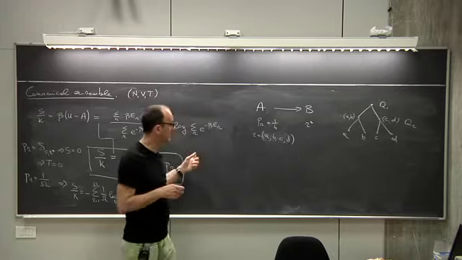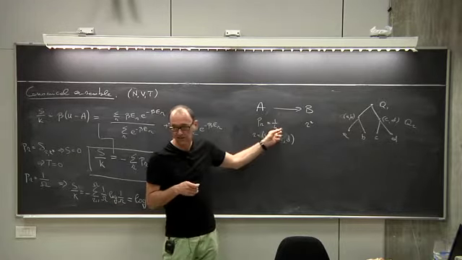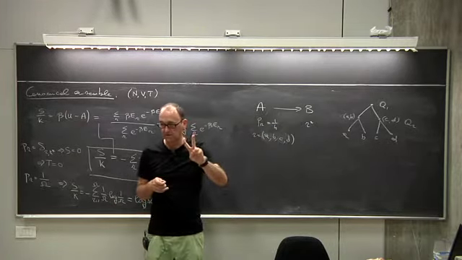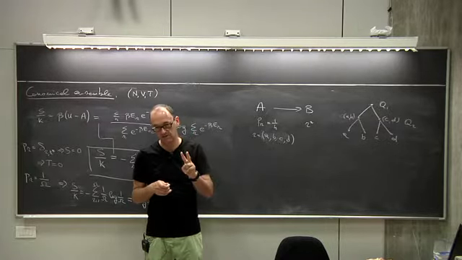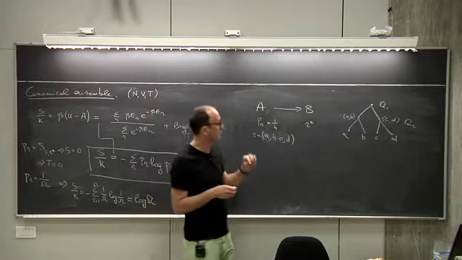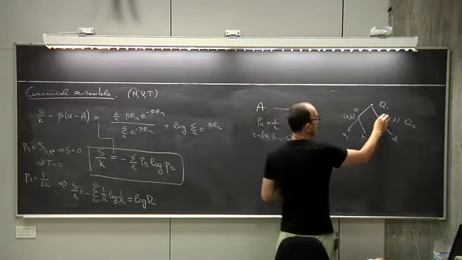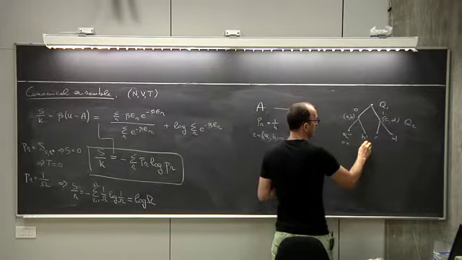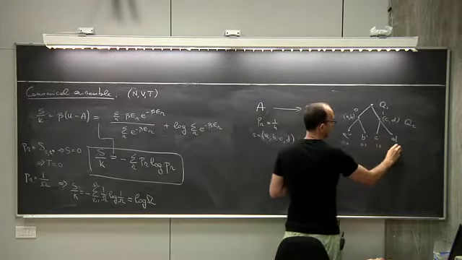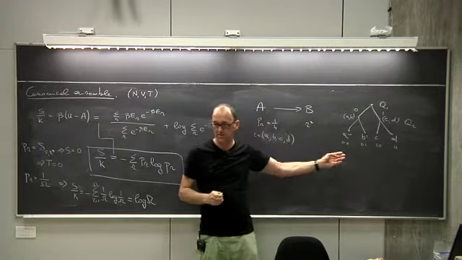So the uncertainty here is 2 bits, because a binary outcome, yes or no, is a bit. You could say this is 0, 0, this is 0, 1, this is 1, 0, and 1, 1. So 2 bits.